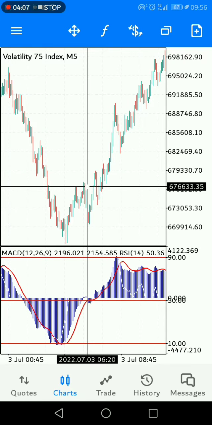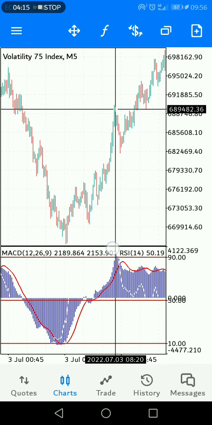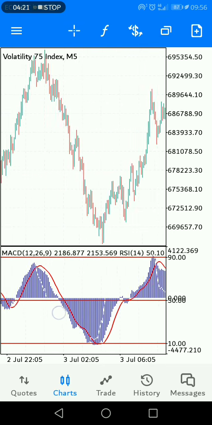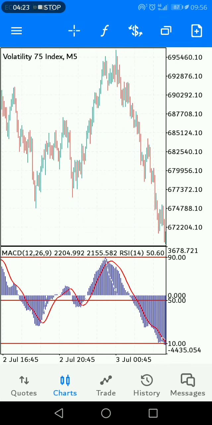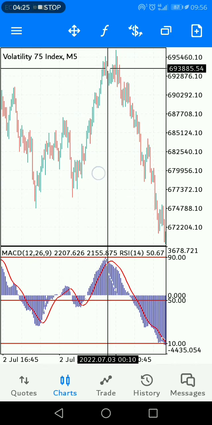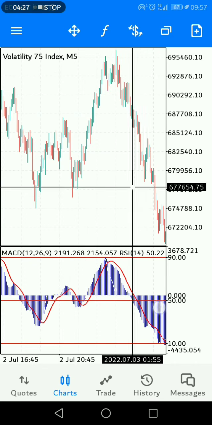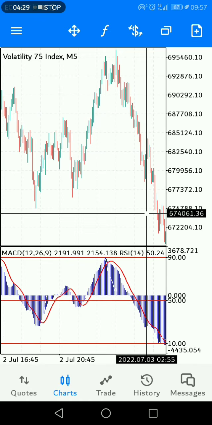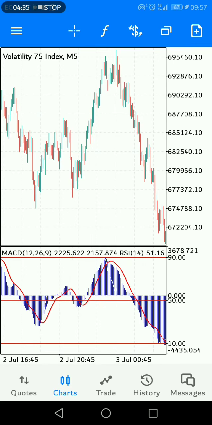But for some people, if you are good at controlling your emotions, you can let the trade rise until it touches the upper side of the RSI. As you can see, when the MACD comes from the upper side, it usually goes down until the lower side. So make sure to ride the trend as much as you can, especially if you have a small account.